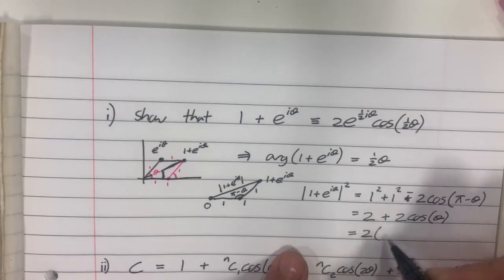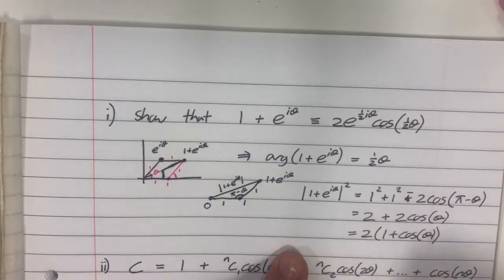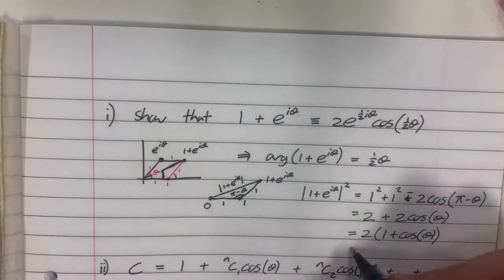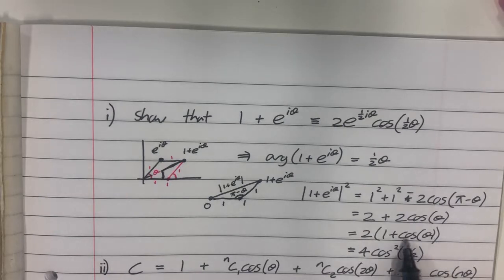Factorize out the 2. Gives me that. And then I can replace the cos theta here with 2 cos squared of theta on 2 minus 1 to give me 4 cos squared of theta on 2. Okay, the minus 1 from in here cancels with that 1.